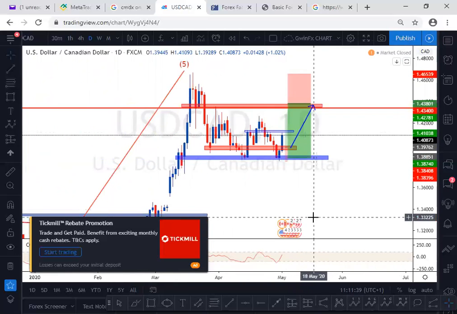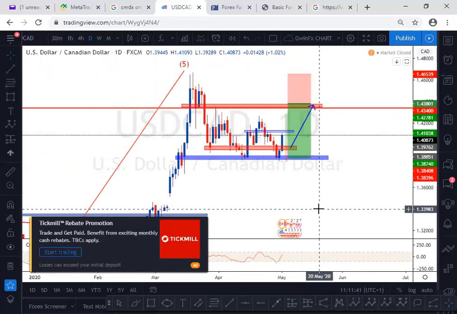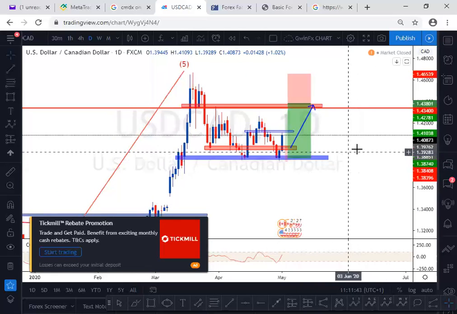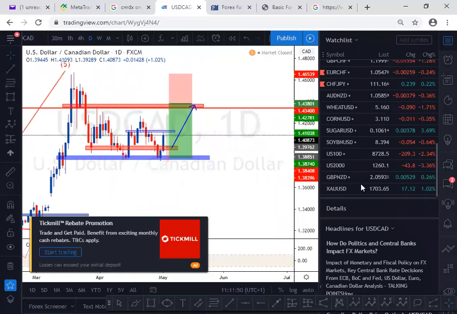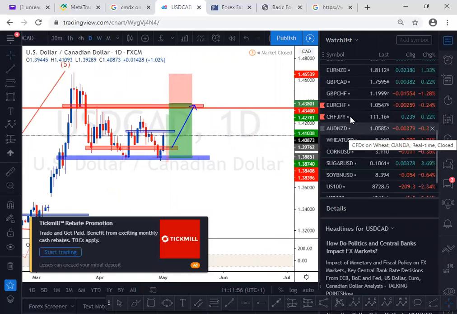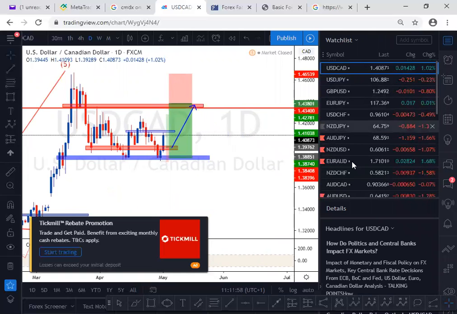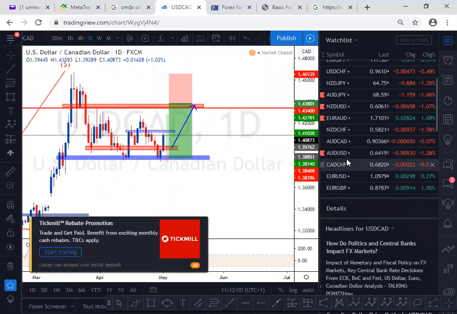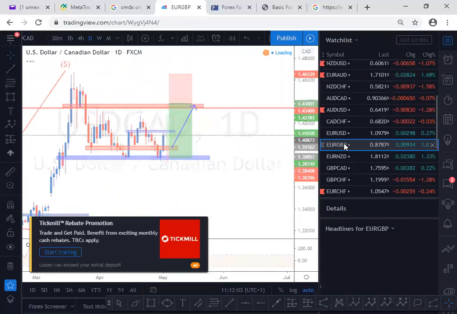Okay, so that is what I think about the USD Canadian dollar. All right, so let's move straight to another chart. What I think a lot of students have got all wrong is this pair, because for the last 2 weeks we spoke about it and said we didn't want to trade it because the market at the moment is volatile, but actually good and favorable for us, all right?